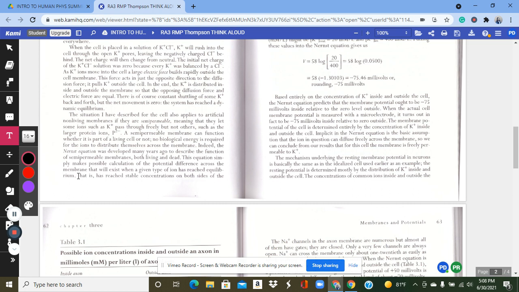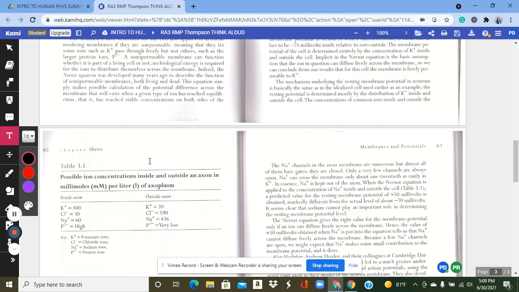And so the concentration of potassium inside the cell is greater than the concentration outside of the cell. In that way, the negatively charged ions balance out the positive charge of the potassium ions, so that the charge inside and outside of the cell is neutral. And that means that the membrane is assumed to be permeable to anions.